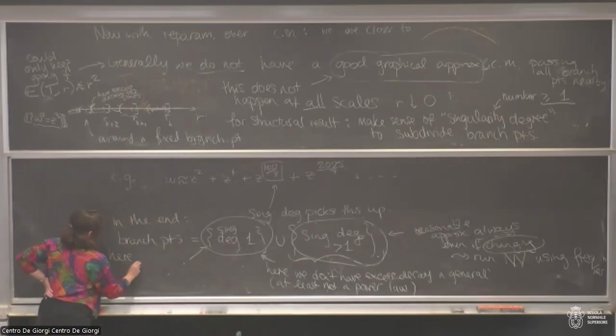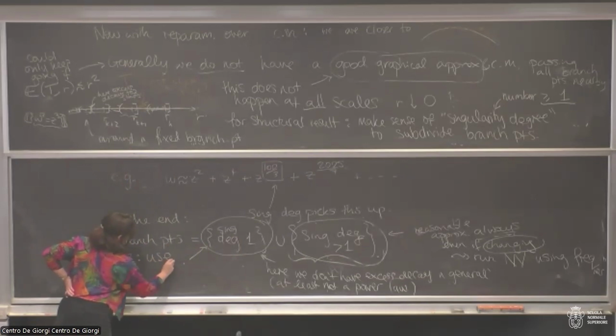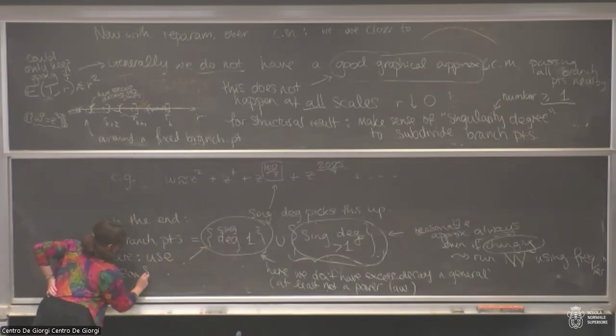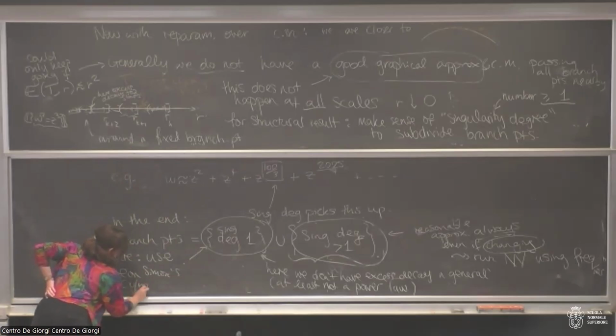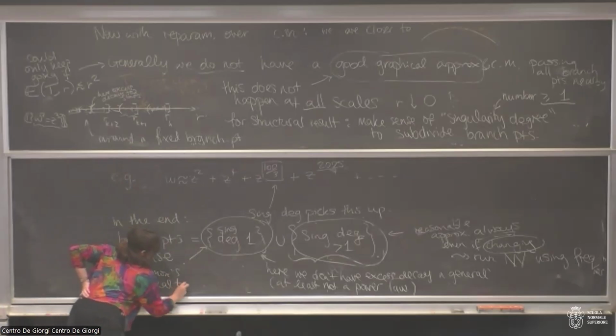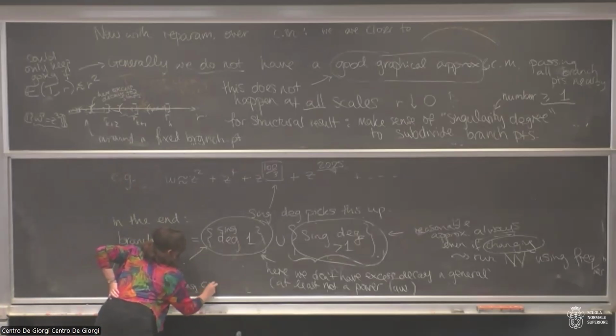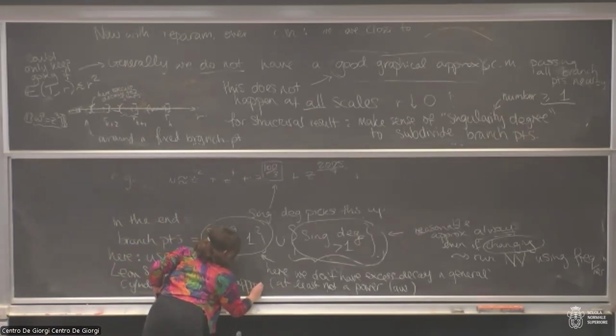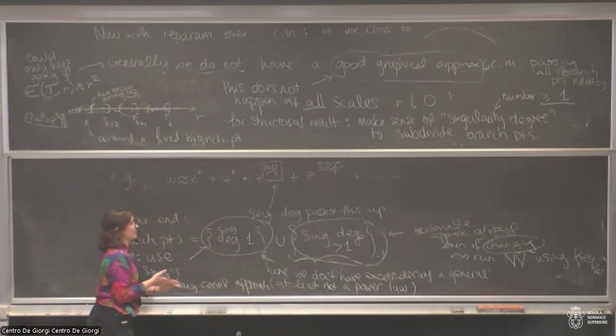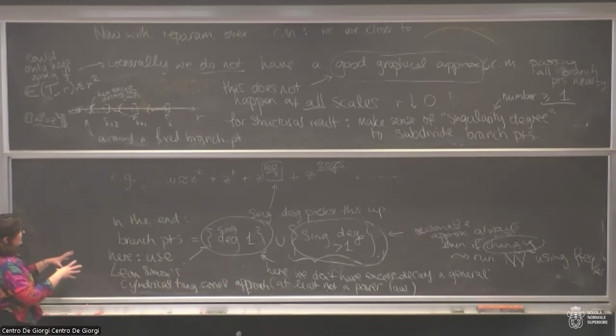So here we use the Leon Simon cylindrical tangent cones approach, which, I'm exactly out of time, but in two words, the idea is that it's also in some sense an excess decay, only now it's not excess to optimal planes, it's excess to cones in a given class.